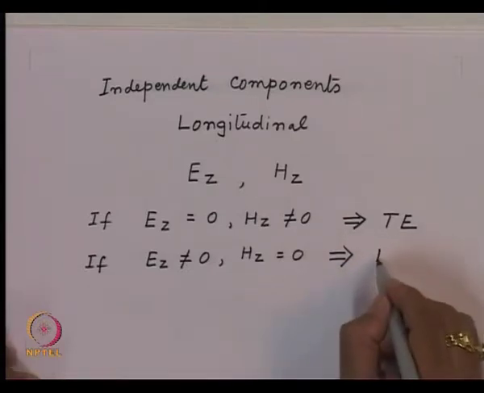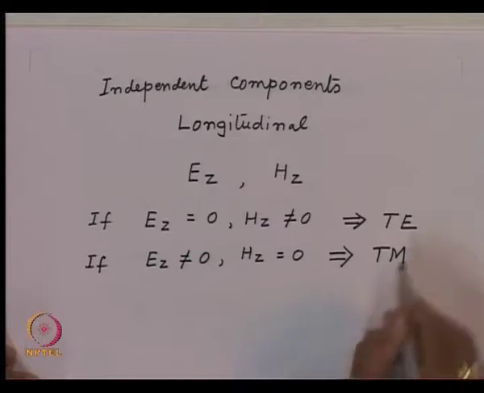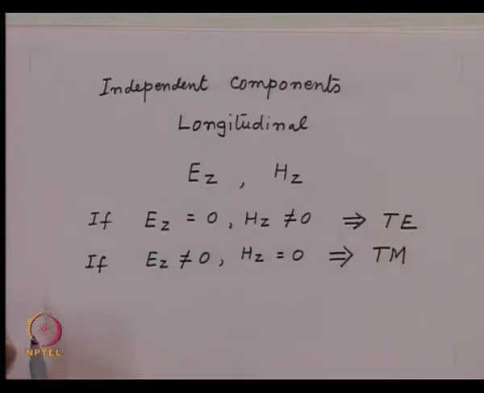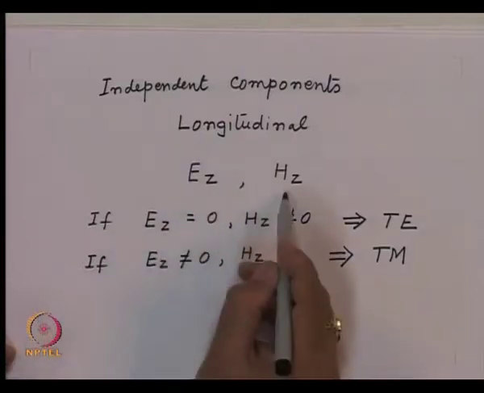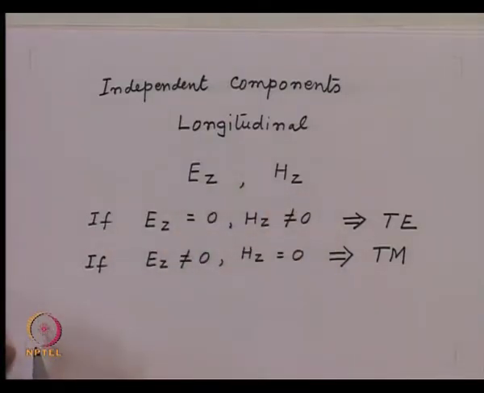So, this mode we can designate as a transverse magnetic mode, and if both the components are non-zero, then we will have a combination of the two. That mode is neither transverse electric nor transverse magnetic. And as we saw earlier, this mode can be called the hybrid mode.